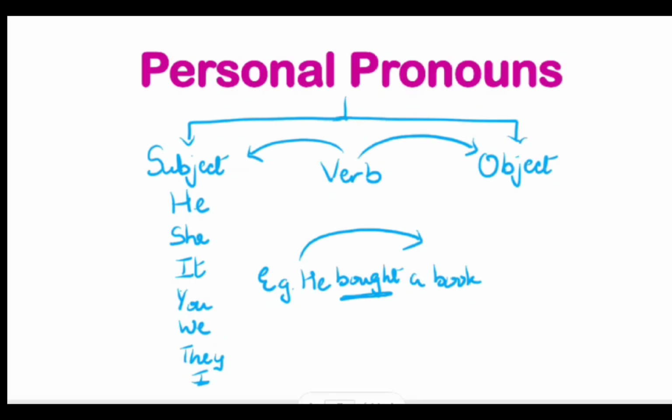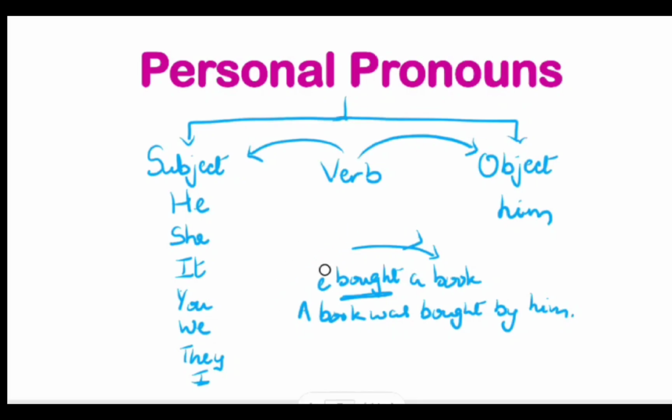I can't say a book was bought by he. No, it sounds wrong. A book was bought by him. Correct? So, what happens when he goes behind the verb? It changes to him.